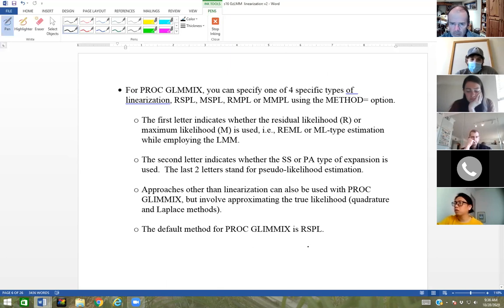So a practical consideration: you can do this linearization approach or pseudo likelihood approach using PROC GLIMMIX, and instead of doing quadrature, instead of saying method equals quad, you would say method equals and use one of these four acronyms.